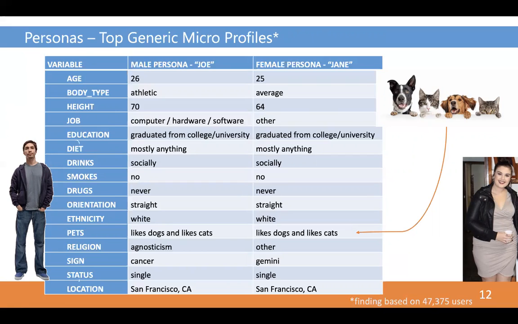You have Jane, who graduated from college and university, but has an other job. Whereas Joe is working in computer hardware and software, they both like dogs and cats, which is very interesting. And the sign for the male persona is Cancer. The sign for the female is Gemini. They're both single and they both live in California.